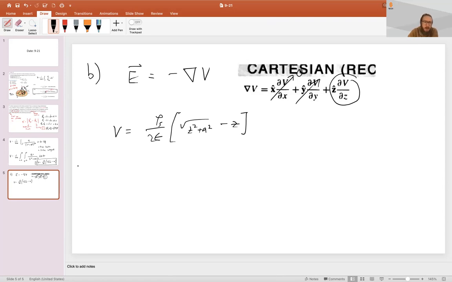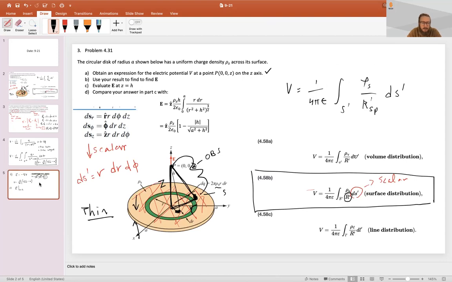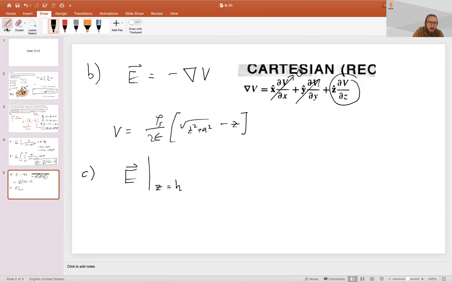Okay. And then in part C, all you're doing is taking the expression. So you're going to get an expression for the electric field, and you are just going to evaluate it at z equals h. Okay, and then in D, compare your result.